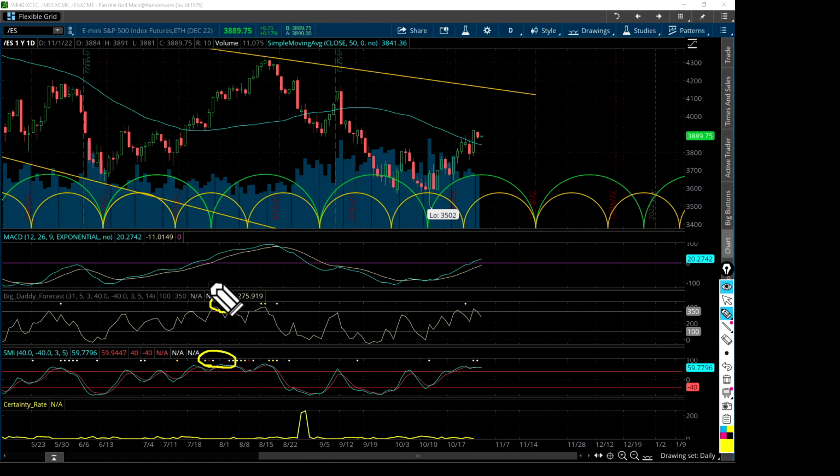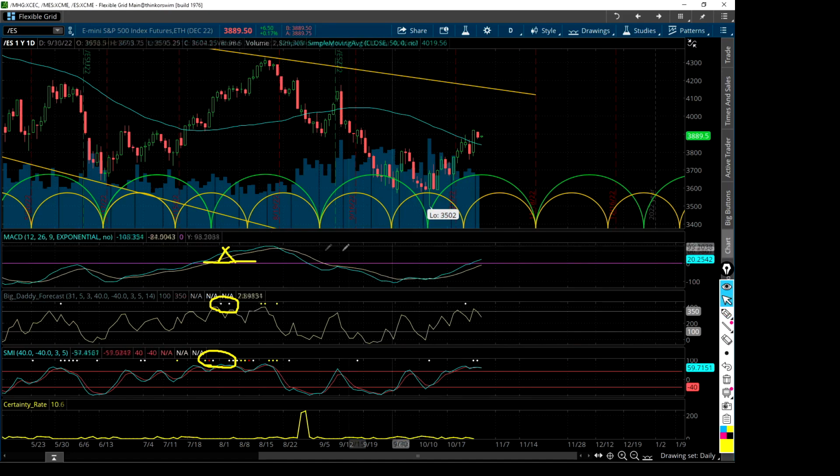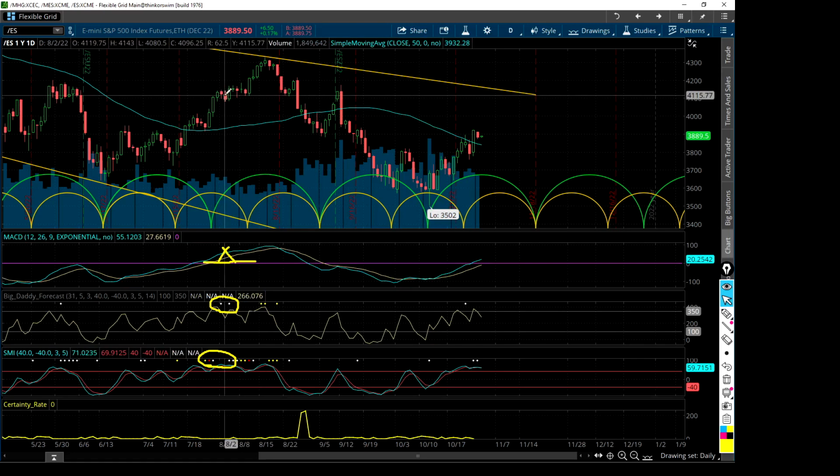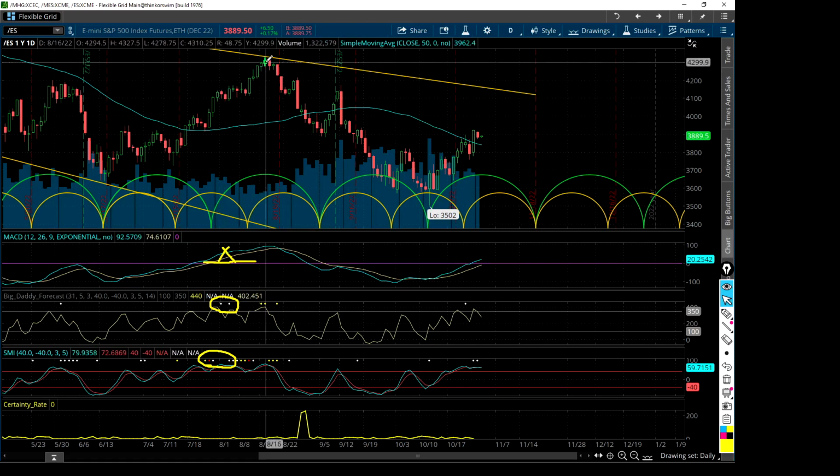But you can't ignore other data. You see how the MACD is just above the purple line, which is the 0 line. The MACD was right about here, right? It wasn't up by 100, which was way over here. That took, let's see, this was August 2nd, and by the time this thing was all said and done, it was August 16th, like 2 weeks. All right.